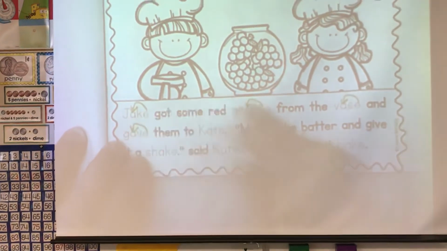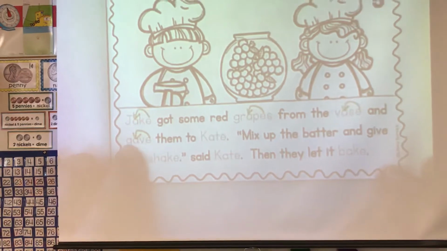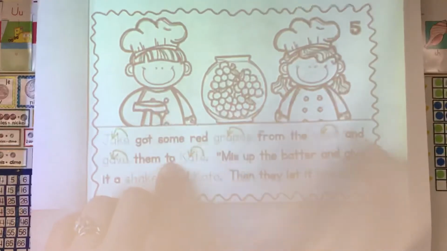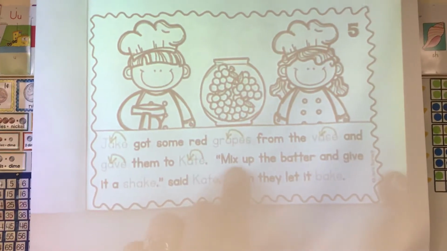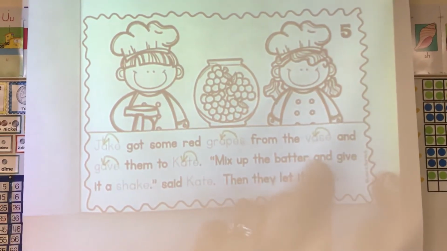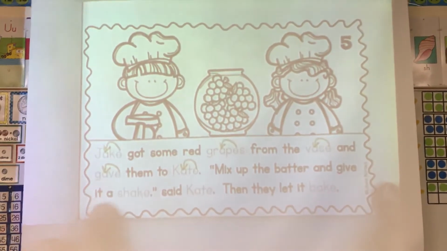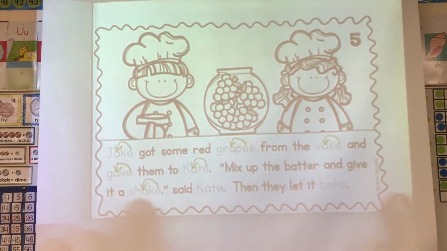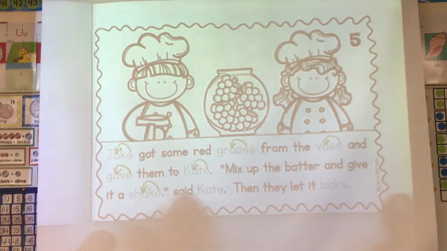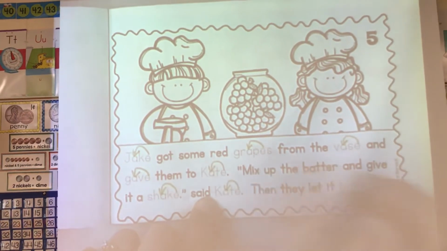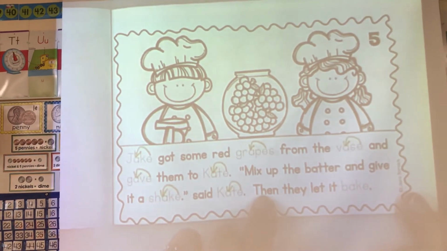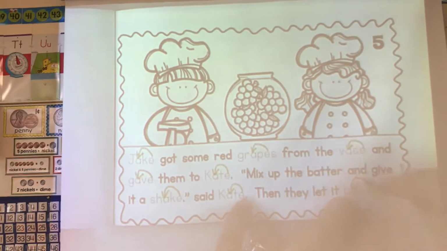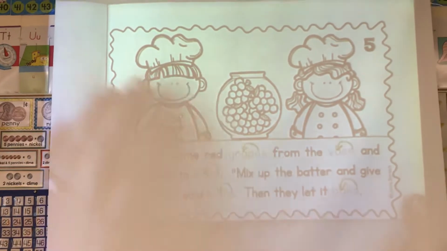Draw an arrow. Gave them to Kate. Mix up the batter and give it a... draw an arrow, shake, said Kate. Then they let it... draw an arrow, bake.